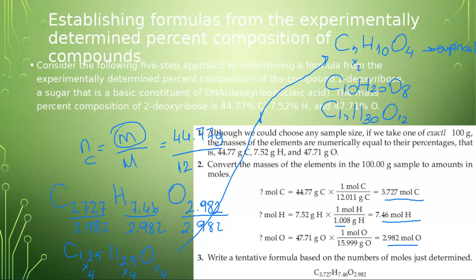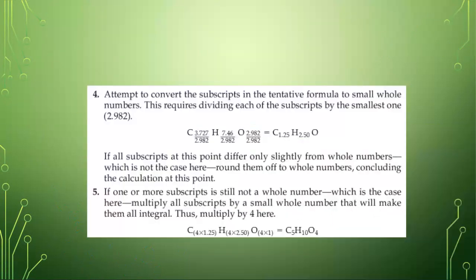If they tell us this is the real molecular mass, and that's right, then the real and empirical formula are the same. And this is the explanation of what I explained here.